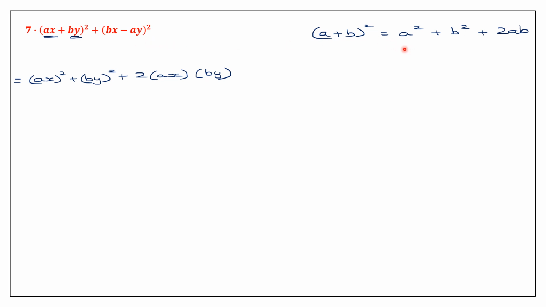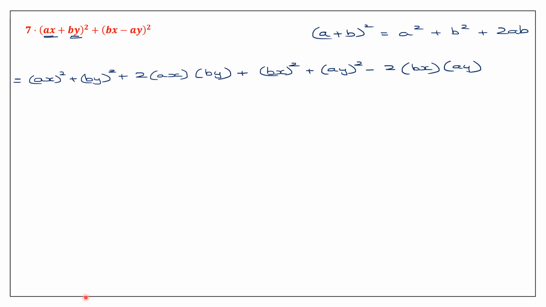In that case, it will be a square plus b square minus 2ab. So let's simplify that. So this will be plus (bx) is a, so this is a square plus b square, which is (ay) the whole square minus 2ab, 2 into a, which is bx into b, which is ay.